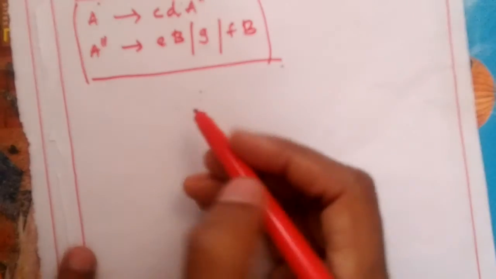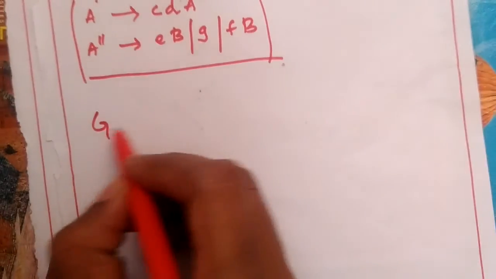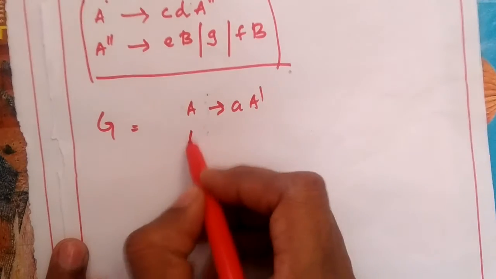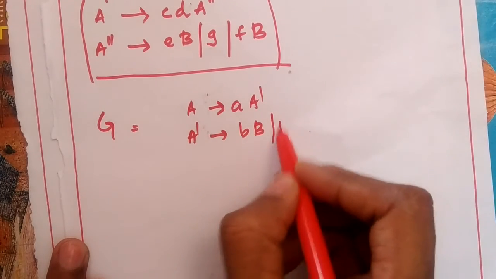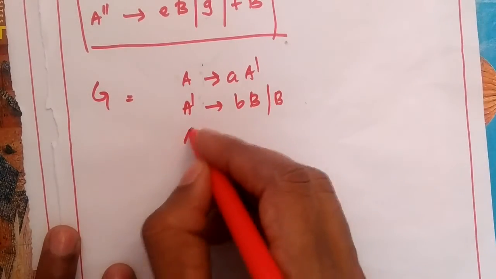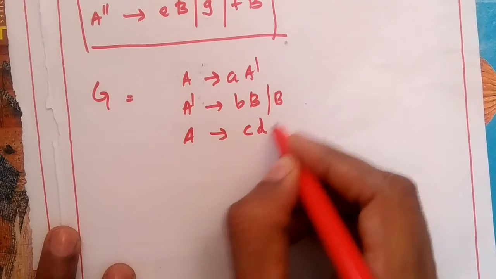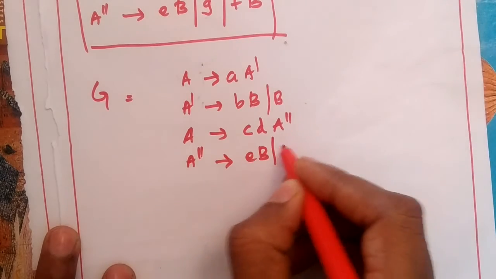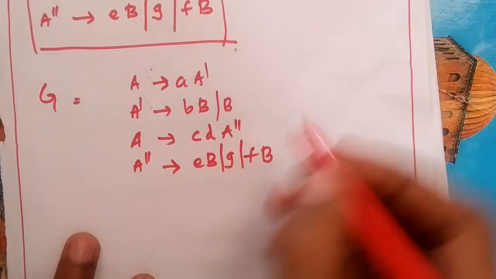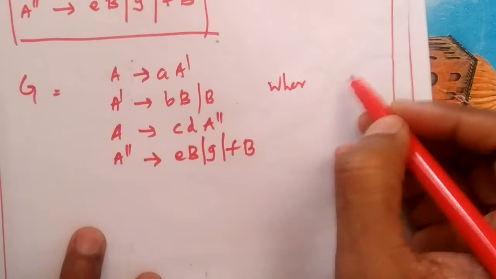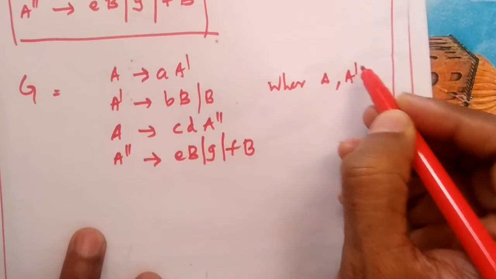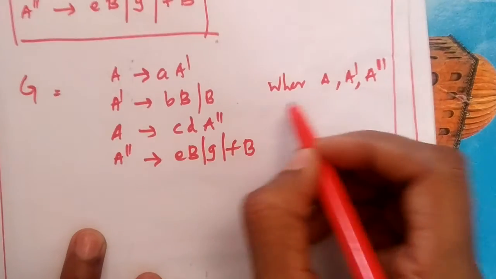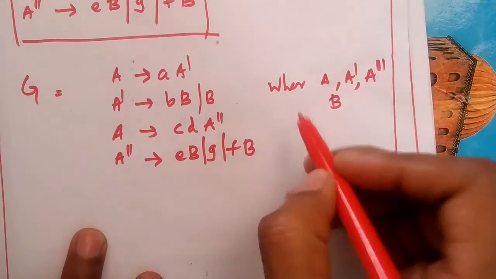So your total final left factored grammar G is A gives a A dash, A dash gives b capital B, B, and again A gives c d A double dash, A double dash gives e B, g, f capital B, where A dash, A double dash and capital B are non-terminals.